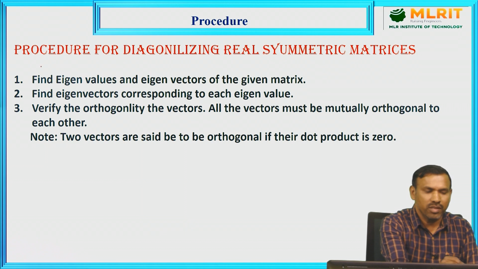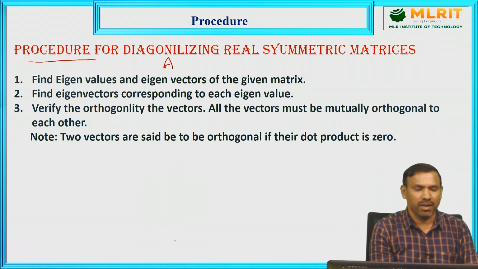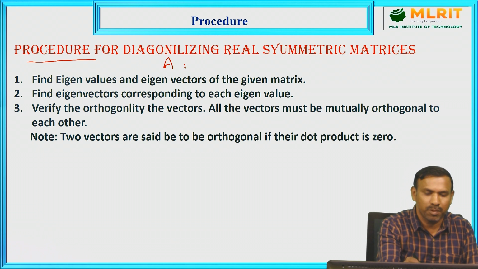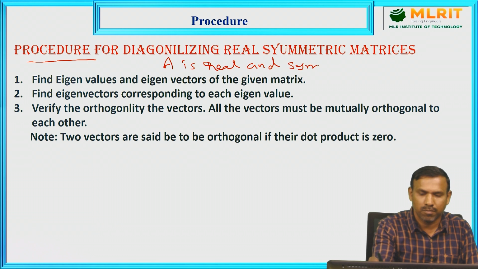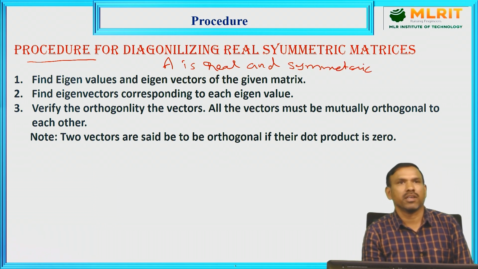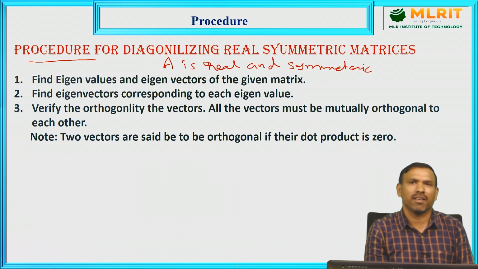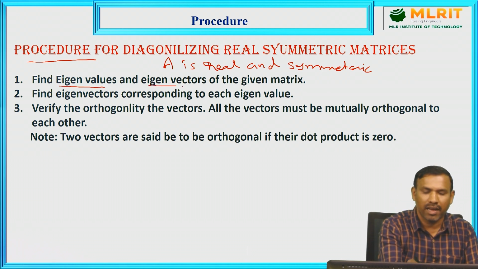In this procedure, first, for the given matrix A, let us say a real symmetric matrix is given. Then, as in the earlier process, first we find eigenvalues as well as eigenvectors.